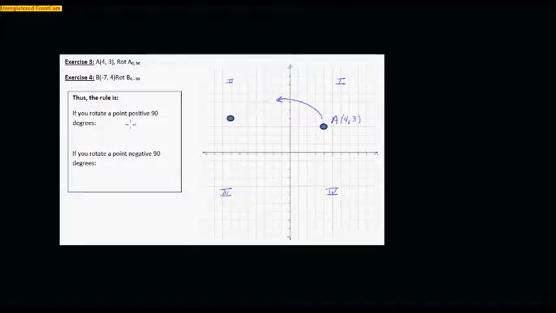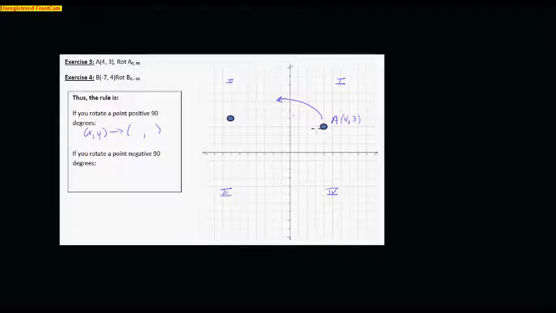Alright, and there is a rule that you can definitely follow. Whatever x comma y you start with is going to rotate to a specific set of coordinates that works off of that.